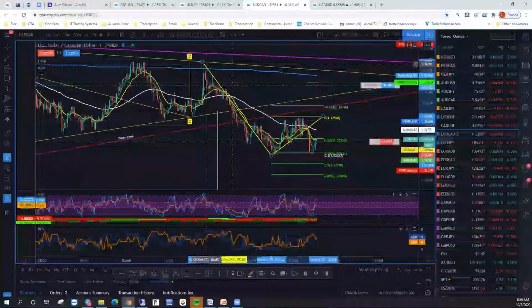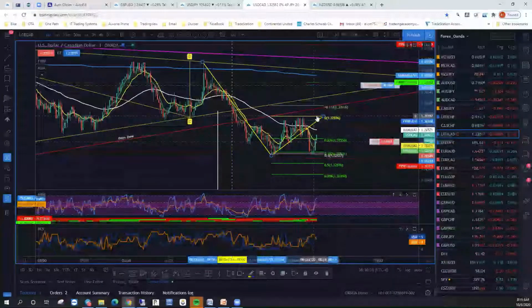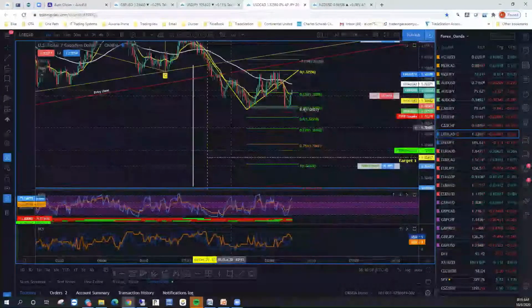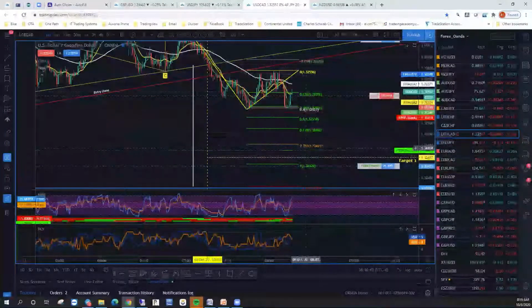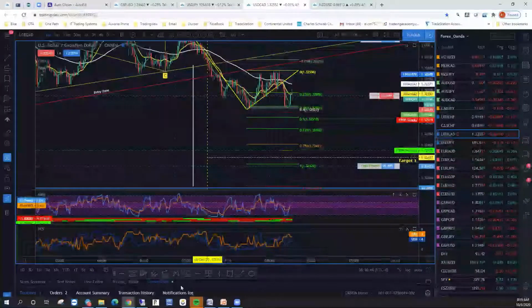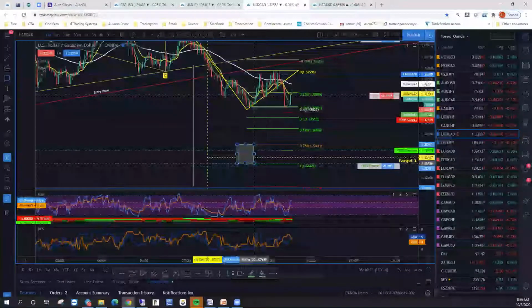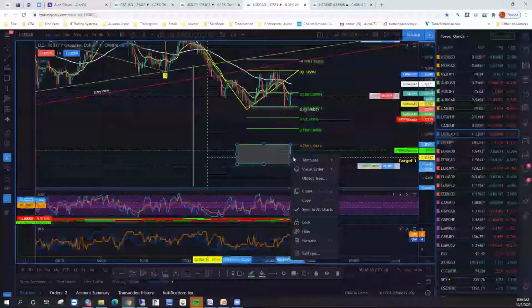If you get that 38.2 to 40% retracement back up into this area, quite often, not all the time, it'll fall back into your target zone. It's right here between the 78 and the 1-to-1 ratio. So this would be the target zone, and you'll see how close that comes if this does get down to this area. So this would be my target.